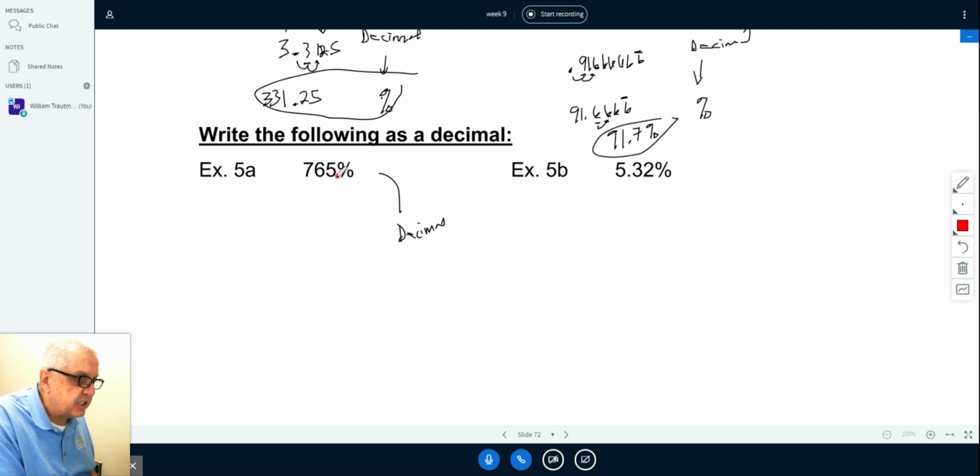The invisible decimal for this number is here. And to change it to a decimal number, if you look at percent to decimal on your formula sheet, move the decimal place 2 places to the left. So we're going to move it 1 place and 2 places. So the decimal equivalent is 7.65.